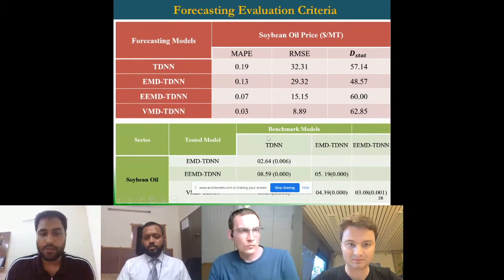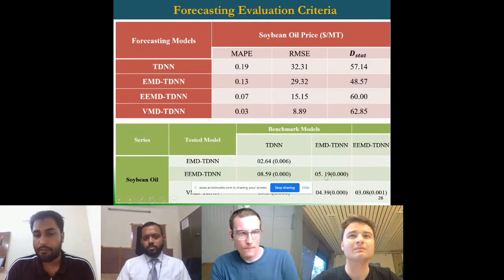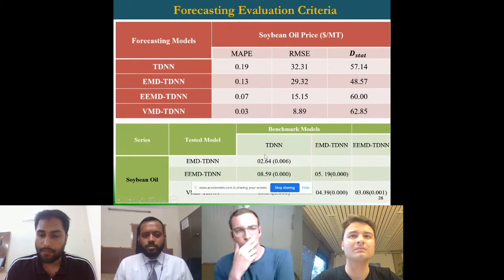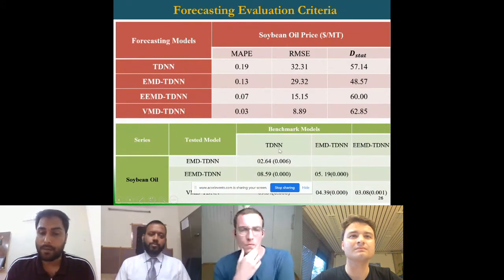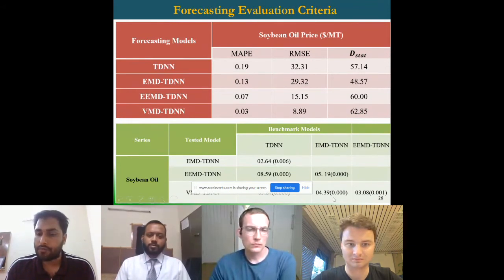After testing all these criteria, I go for the Diebold-Mariano test on the soybean data. Every hybrid model shows that it is good, I mean it outperforms the single model. Among the hybrid models, EMD, EEMD, and VMD, VMD outperforms each of the existing ones.